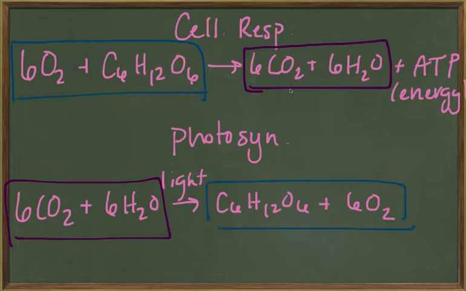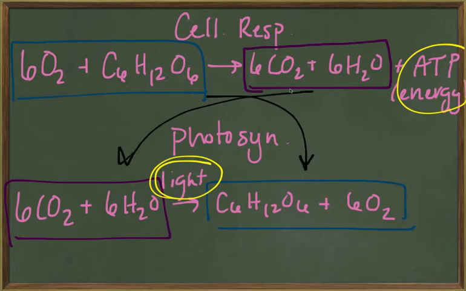I also have 2 forms of energy. They may be different, but I still have 2 forms of energy, ATP and light. They are in some ways mirror images of each other. So hopefully, looking at that, you can see the differences and the similarities between the 2 processes.